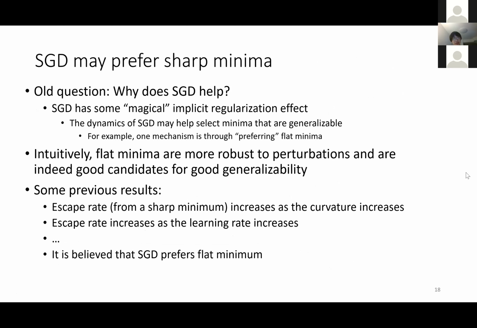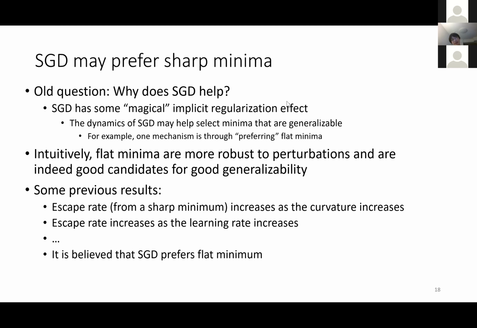And here's the third result, where we show that SGD may actually prefer sharp minima. So here is this old question. Why does SGD help? Well, it is commonly believed that SGD has some magical implicit regularization effect.